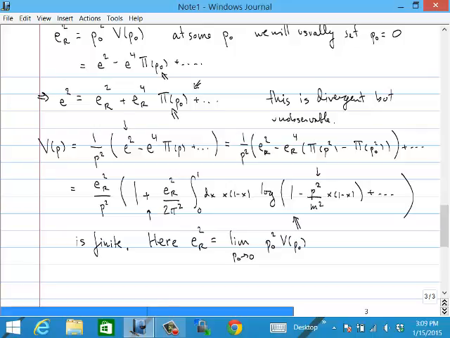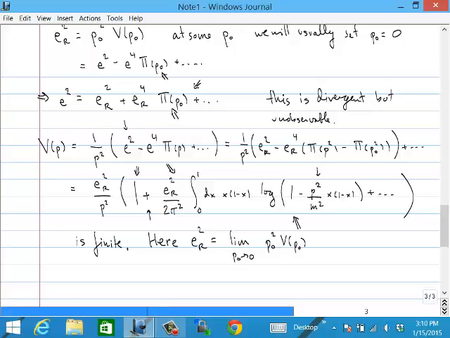So for example, if e is a very small number, if the electric charge is small, then this correction term here is small compared to 1. So basically, we have two parameters: the electric charge and the regularization parameter. No, the regularization parameter is completely dropped out of this expression.